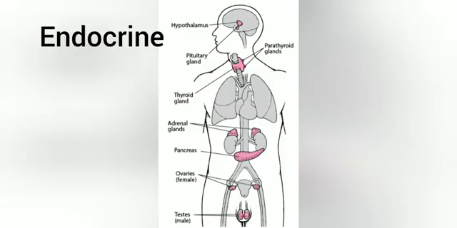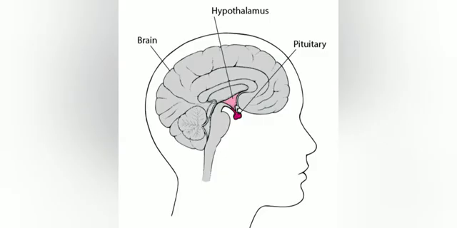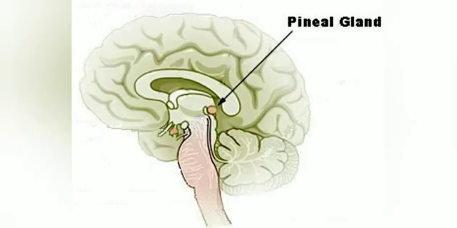Then if we say endocrine gland, then we know that duct is absent. So what they do is they release their secretions directly into the bloodstream. For example, thyroid gland, pituitary gland, pineal gland, etc. There are many glands present in our body.